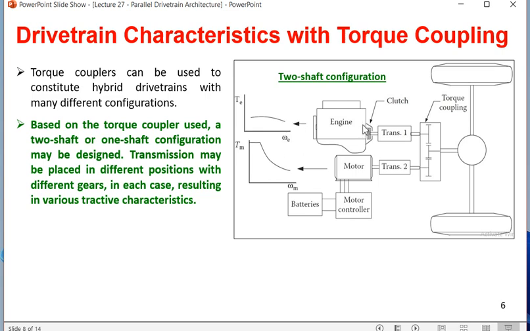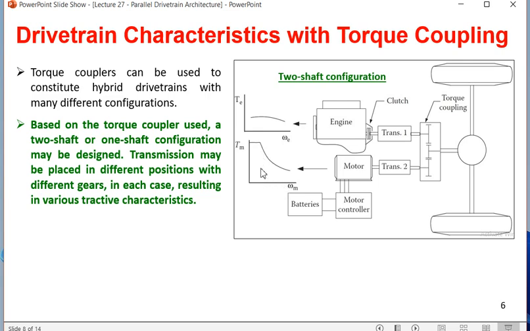So the clutch is connecting the engine power to transmission 1 or to the torque coupler. There is a battery, which is a secondary source. Through the motor controller it is connected to the motor, and we are finding the motor characteristic. We have seen this characteristic many times. Initially there is a constant region up to base speed, where the x-axis is speed. Till base speed the output torque is constant, and this torque is considerably high.